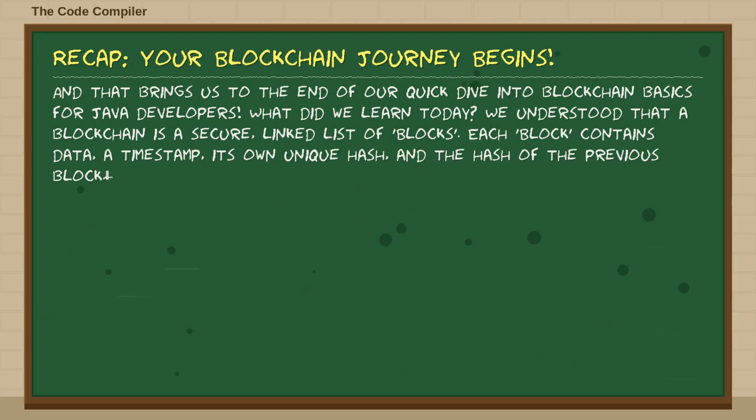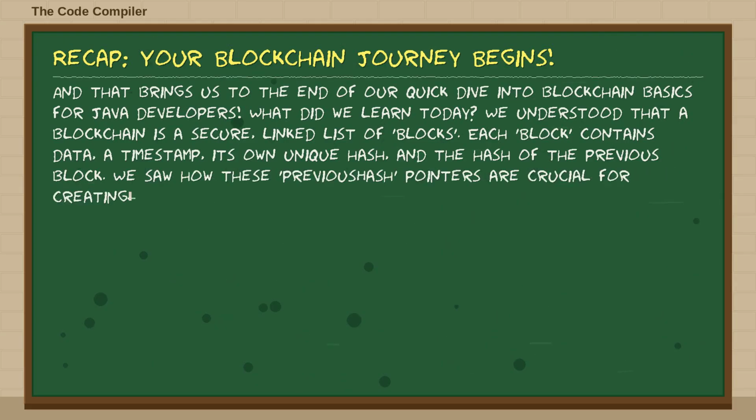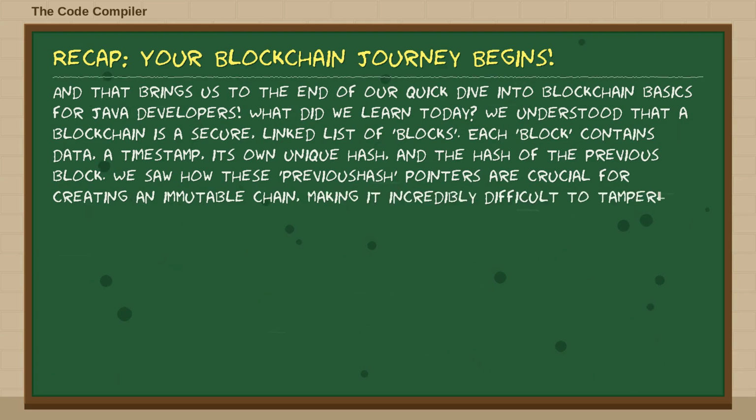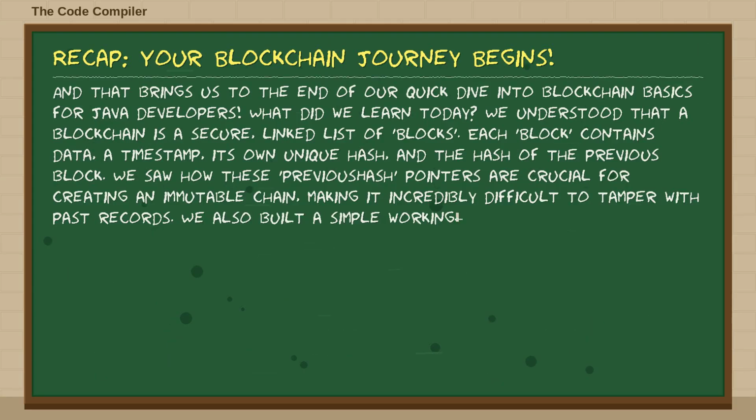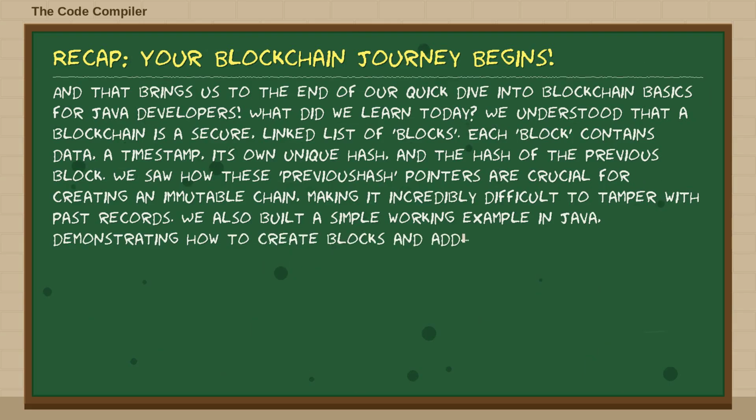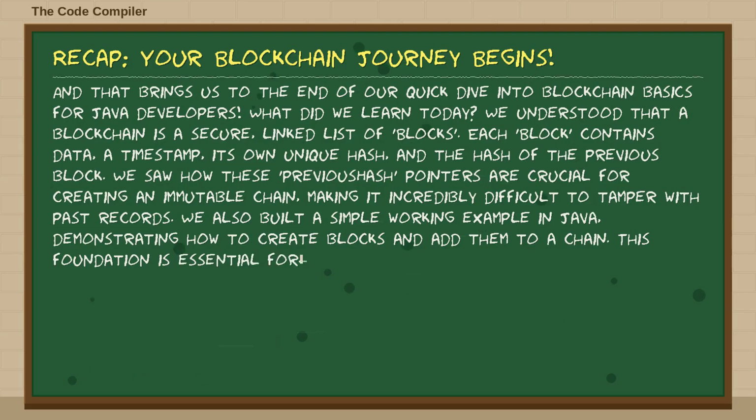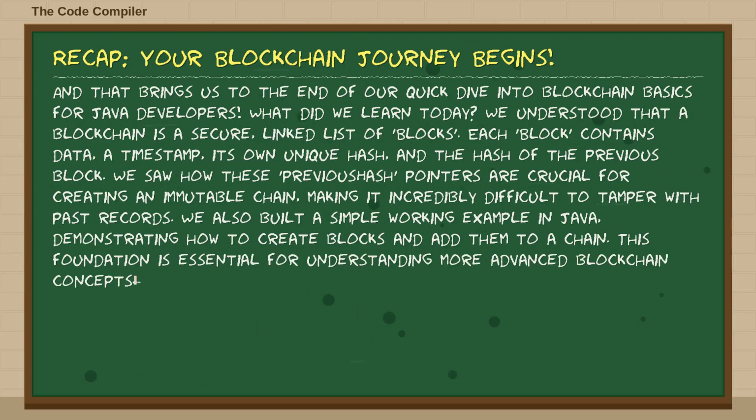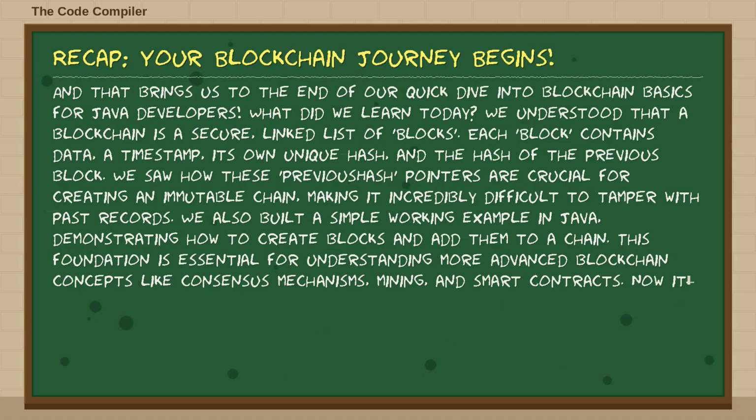We saw how these previous hash pointers are crucial for creating an immutable chain, making it incredibly difficult to tamper with past records. We also built a simple working example in Java, demonstrating how to create blocks and add them to a chain. This foundation is essential for understanding more advanced blockchain concepts like consensus mechanisms, mining, and smart contracts.